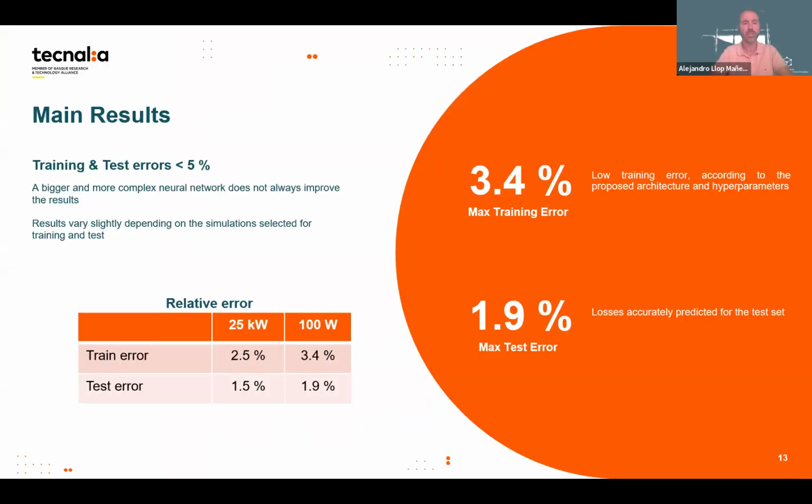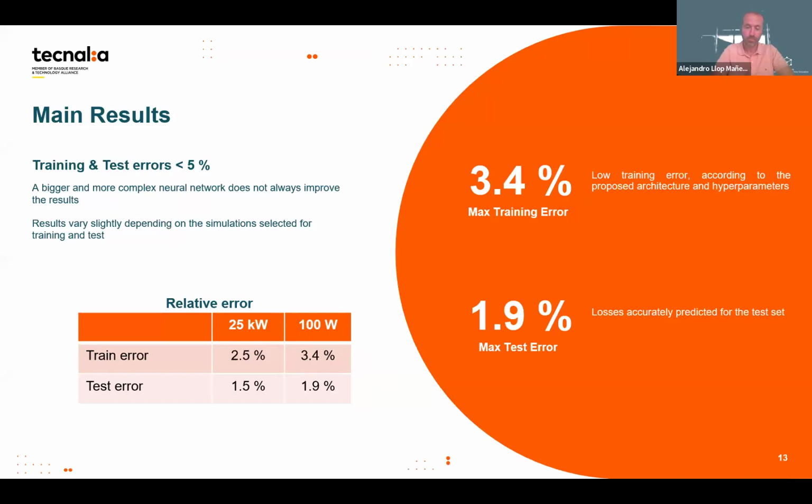Okay, and to provide some metrics, it turns out that the errors are below 5% for the training and the test set in both conditions, soft switching and non-soft switching.